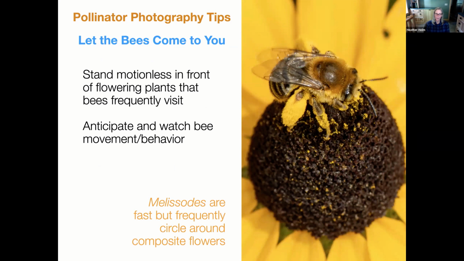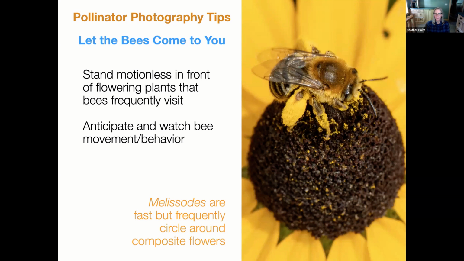And so the more bee observation that you do, you will start to see genus level behaviors. The example I have on this slide is Melissodes, a longhorn bee, and they pretty much only visit composite flowers, so you won't find them perhaps on a wild bergamot if there's black-eyed Susans right next to it.